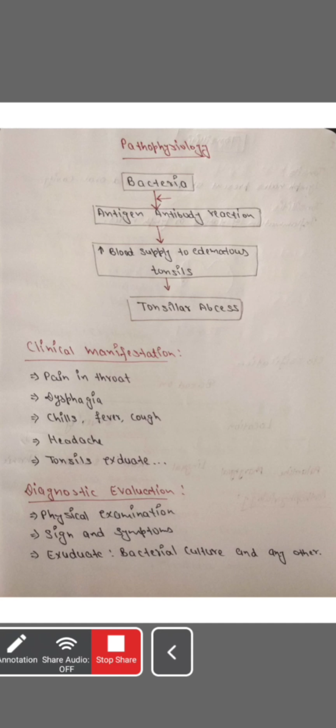Now next is diagnostic evaluation. First we will collect the history, but I have not written it here. If a patient comes to a hospital or a clinical setup, first our work is taking the history, either from primary or secondary sources.